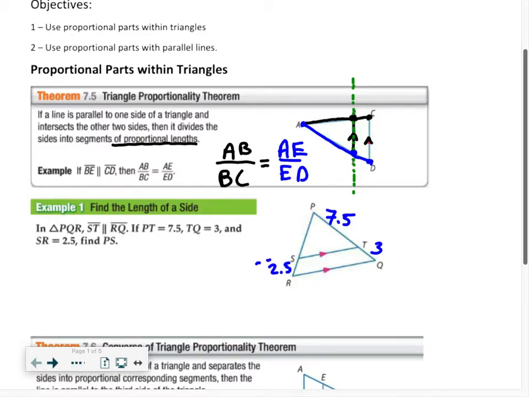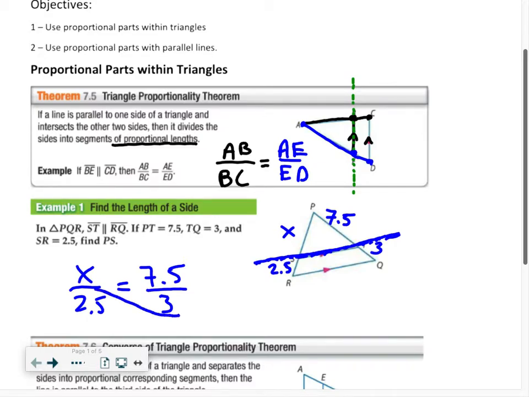So again, just imagine an extension of this, okay? And so that would give us PS, let's call that X. X over 2.5 should be equal to the longer part on the other side, 7.5, over 3. And so again, you can kind of even imagine this line here as being part of your proportion. X over 2.5 is equal to 7.5 over 3.